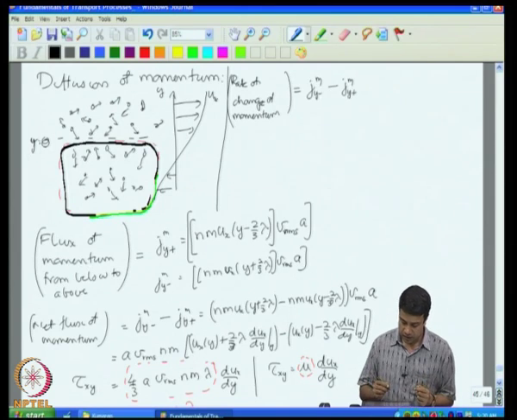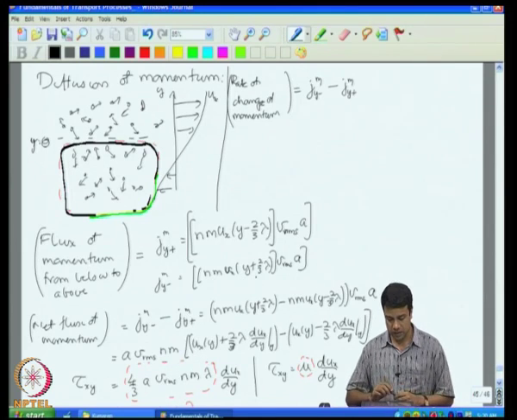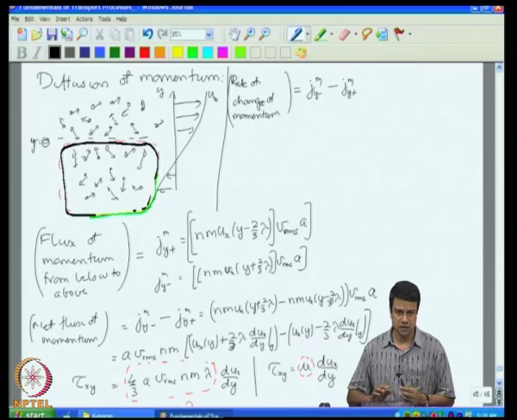Okay. And what that means is that the flux downwards is equal to Nm into the velocity at y plus 2/3 lambda times the root mean square velocity with some undetermined constants. We are only going to estimate the values, so we do not worry too much about the undetermined constants in the problem.